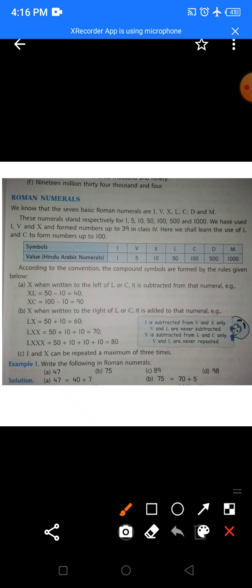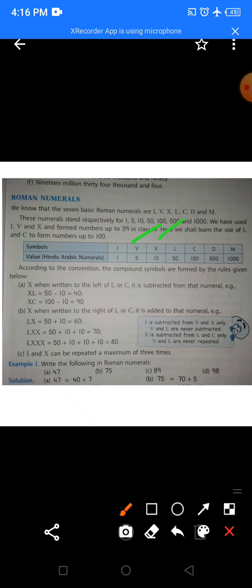And the next point, this also you will write in your notebook. 5 and 50. Okay, so 1 and 10. 1 is subtracted from 5 and 10 only. Okay, so look here, 1 is subtracted from 5 and 10 only. Then 5 and 50 are never subtracted, means they never come to the left of the number. Okay, 5 and L, that is 5 and 50, will never come to the left side of the number. Why? Because they are never subtracted.